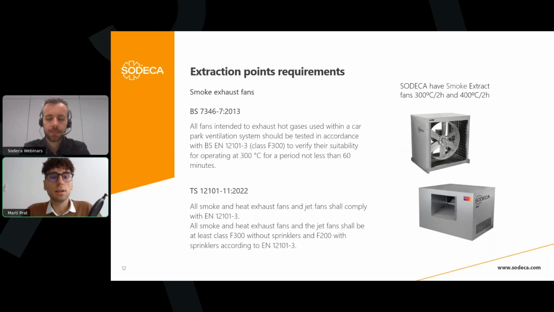The British standard also states that these smoke extraction fans need to be certified to exhaust at a temperature of 300 degrees for a period not less than 60 minutes. And the certification must be made with the EN 12101 Part 3. This is also explained in the TS 12101 Part 11 of 2022.